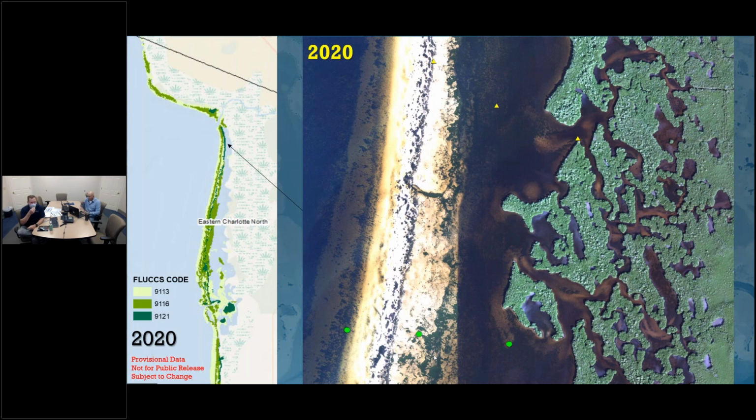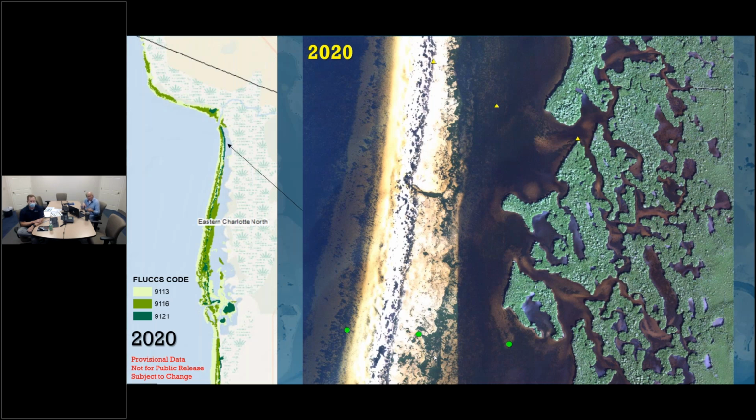Well, I just want to add too, so these points represent field points, the triangles were ours. Those are representative of points that I was out with the Aquatic Preserve on one day, and with Fish and Wildlife with Dave Blewett on the other day. But I just want to point out that these are not the only points that we have.